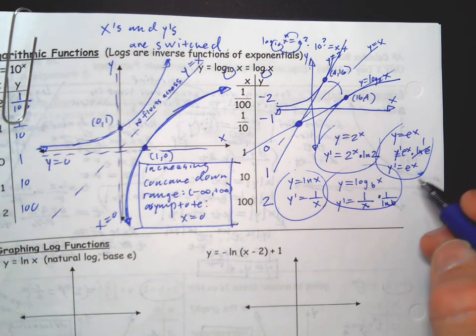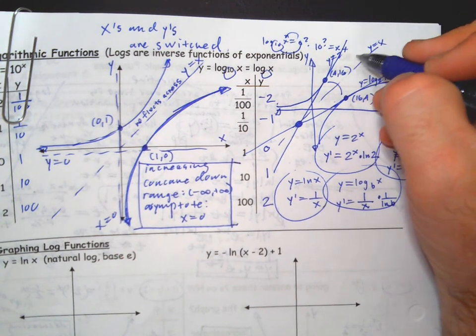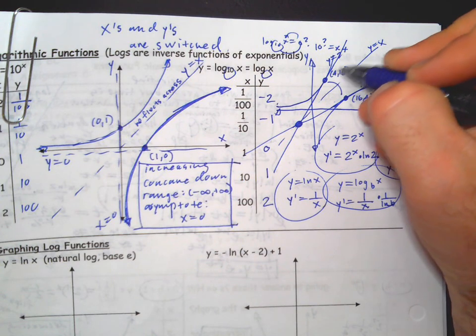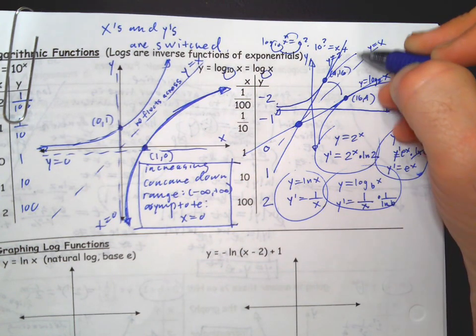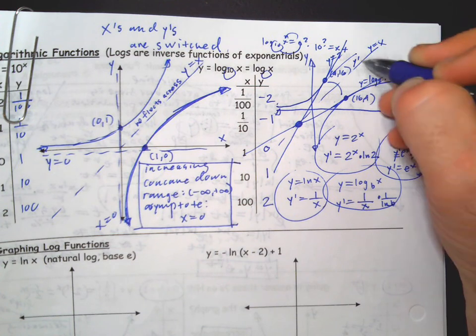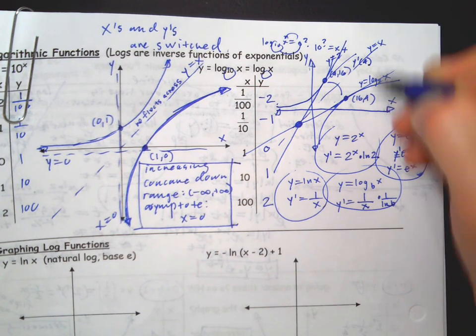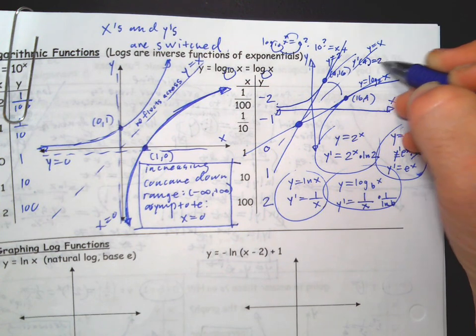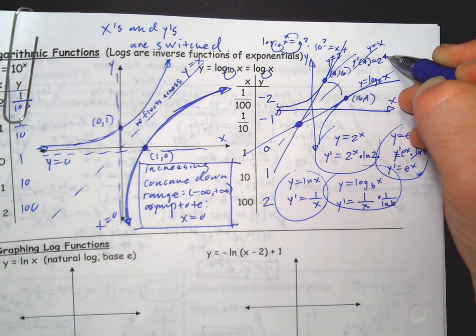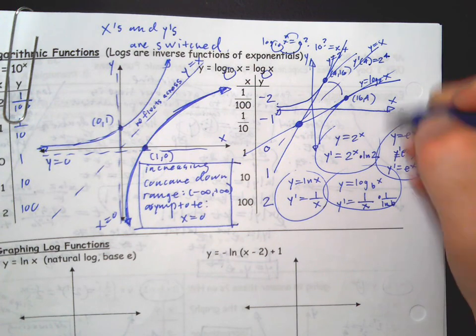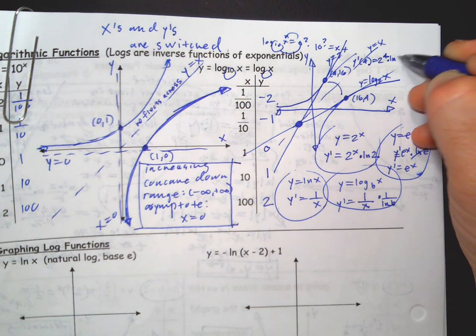So in this situation right here, the slope at this point, y prime of 2 to the x with a 4 plugged in, is going to be 2 to the 4th times natural log of 2.